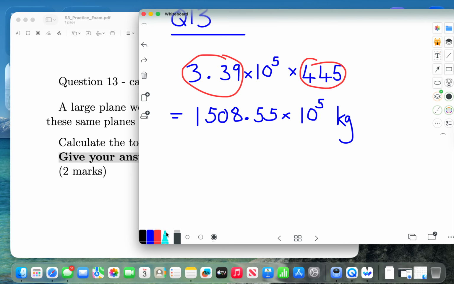Well, if we look at this number, it must be greater than or equal to 1 and less than 10.